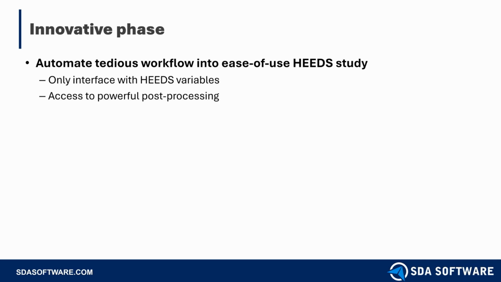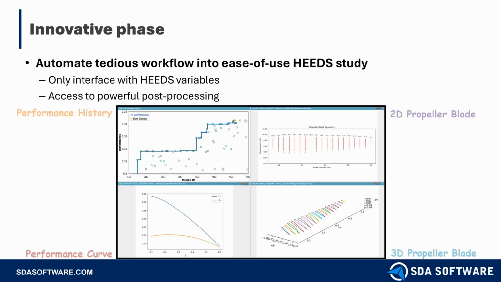From that point, what I really care about is what HEEDS offers me as post-processing, because I can now focus on discovery and insight. One thing I really like about HEEDS is that it offers a really efficient way of screening designs. This is what I call a multi-pane view, where you can have multiple plots at the same time.